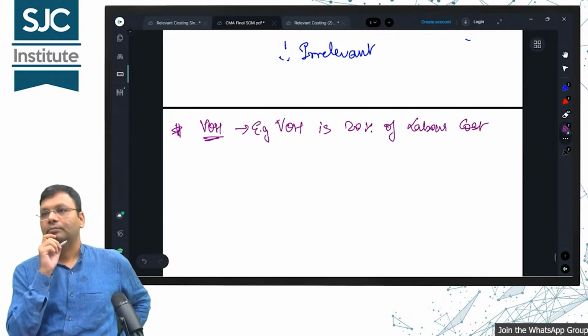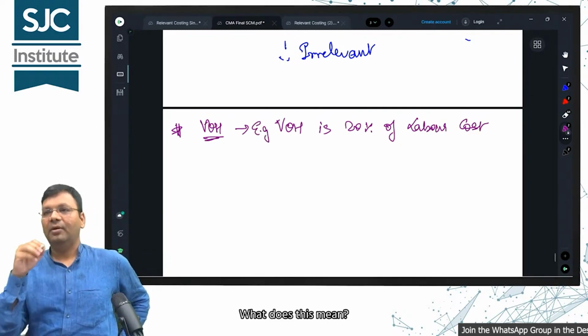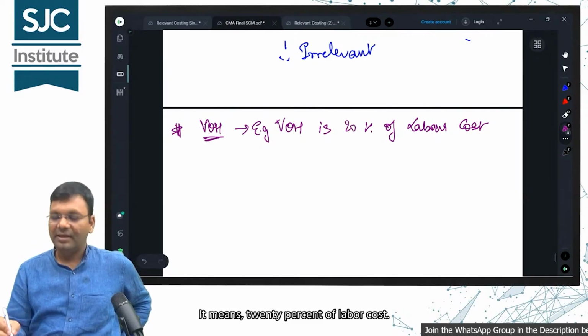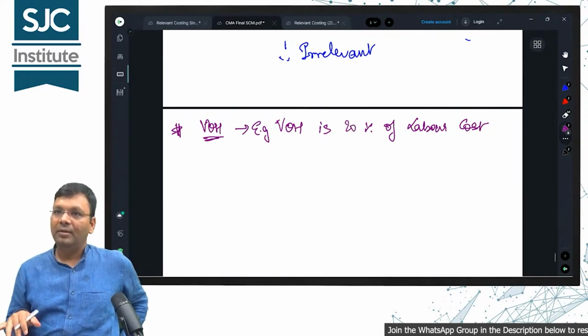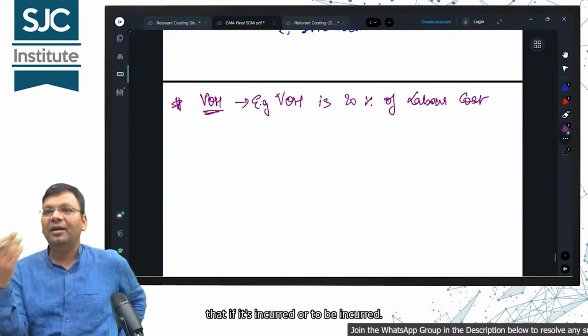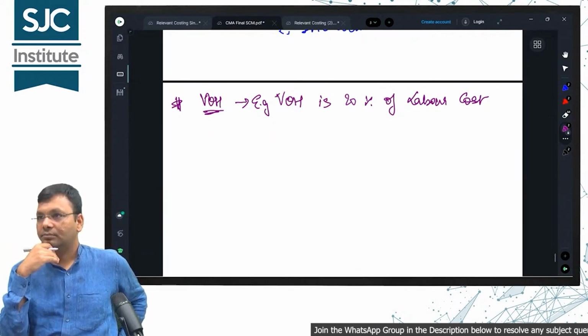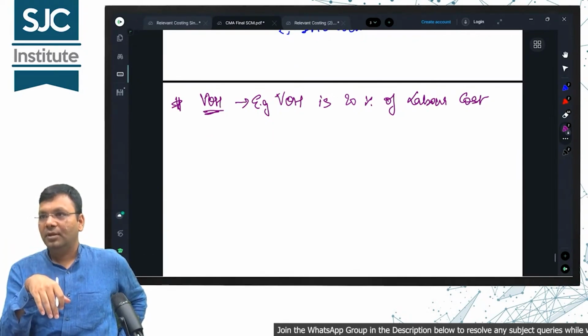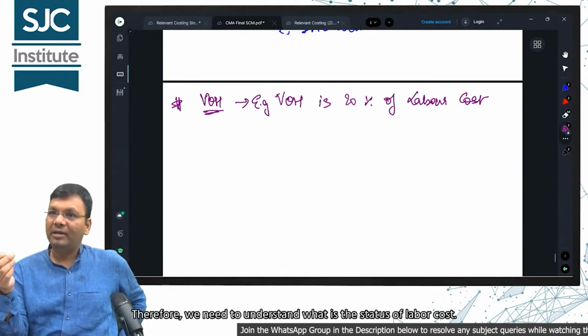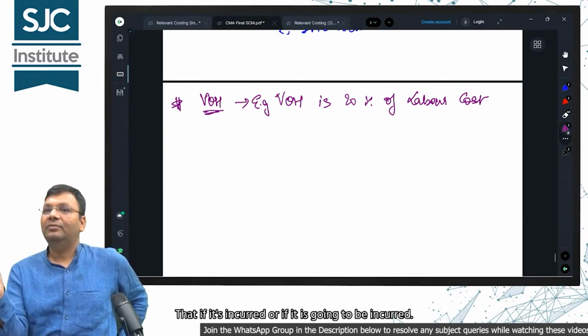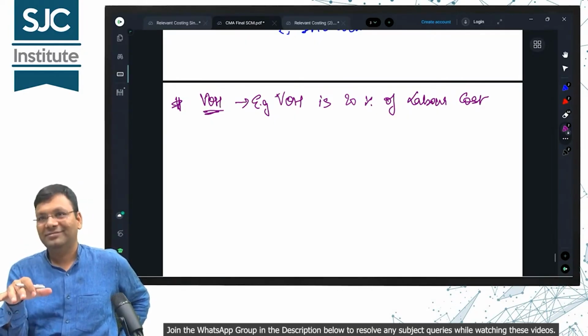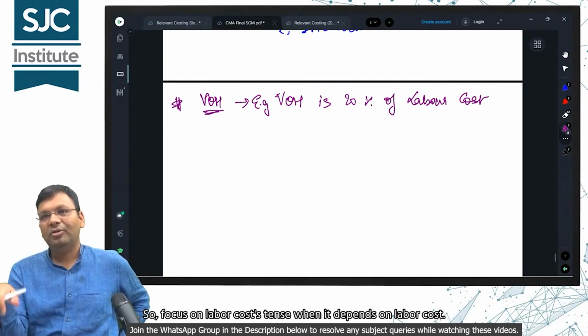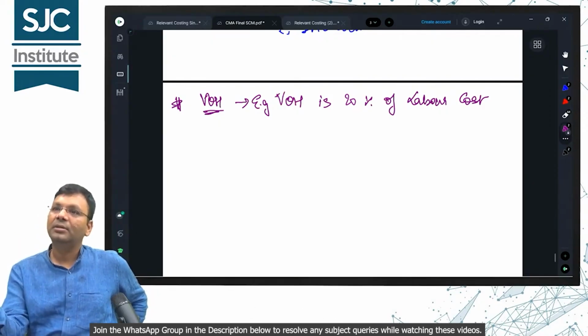It's not written whether it's incurred or to be incurred. Therefore, we need to understand the status of labor cost, whether it's incurred or going to be incurred. So focus on the labor cost tense when it depends on labor cost.